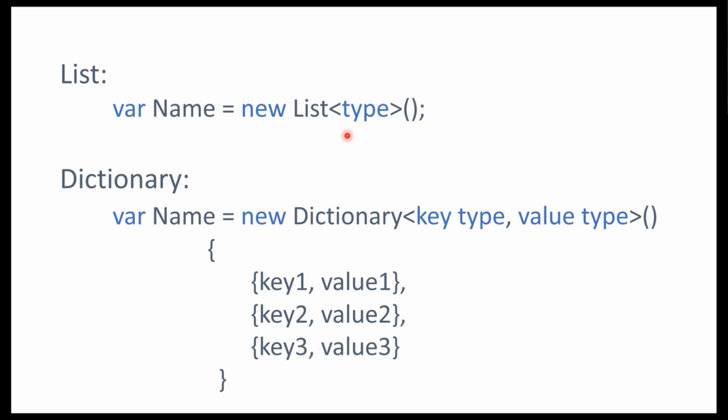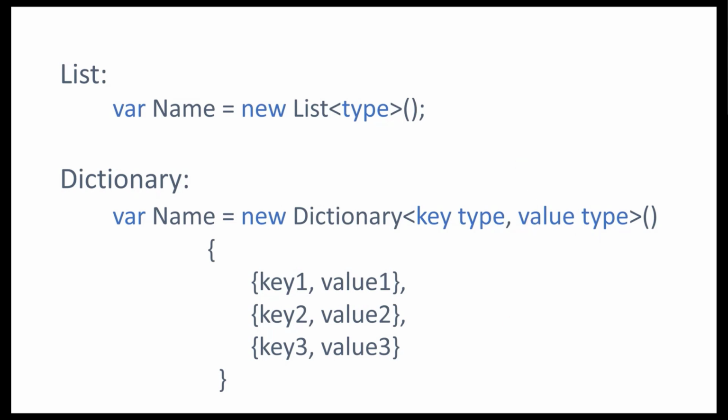This is pretty common here. You have to specify the type. The same with the dictionary. You have the variable, the name, also the new, and then you have to specify the type of the key and the type of the value you have in it. So that's the list and the dictionary.